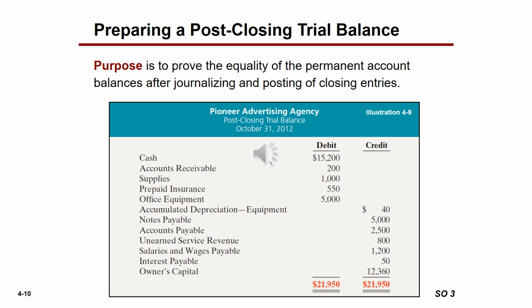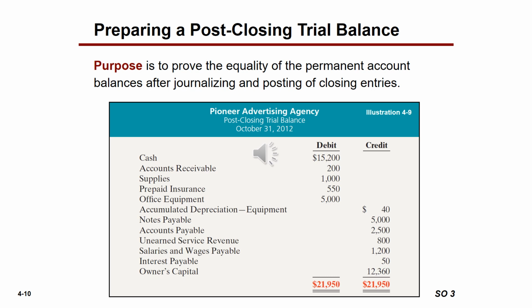Now, taking a quick look at this example on this slide, you can notice that the main difference between this and the unadjusted trial balance is that the post-closing trial balance does not include any revenue accounts or any expense accounts. Why? Because we have already closed these temporary accounts and the owner's drawings as well. So no revenue accounts, no expense accounts, and no owner's drawings accounts.